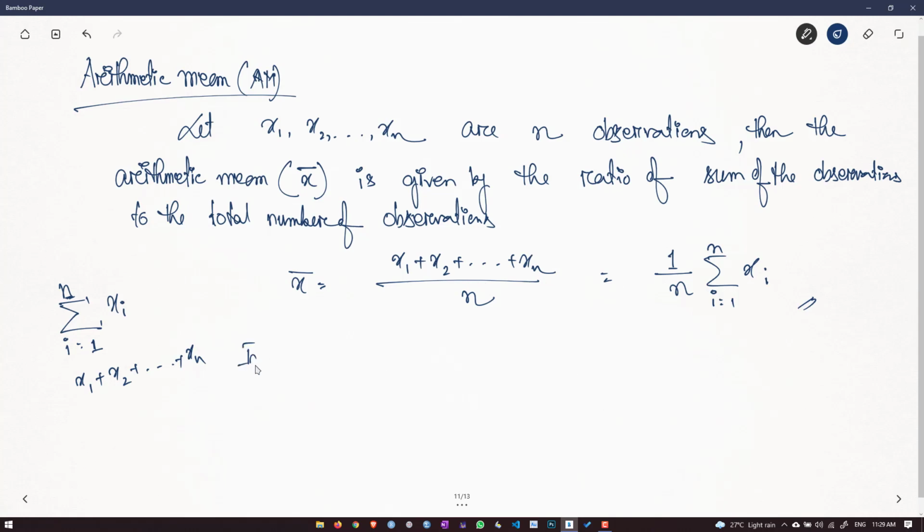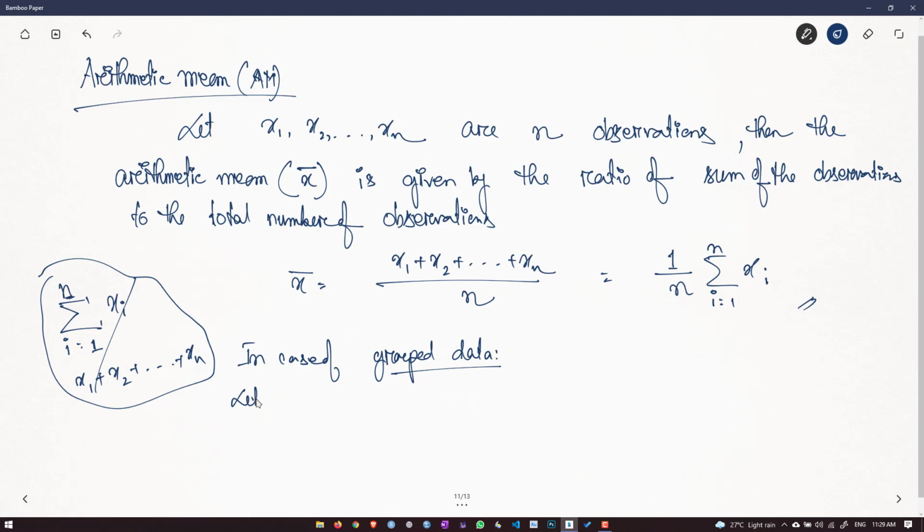Now in case of grouped data, let x1, x2, xn be n observations with frequencies f1, f2 up to fn.